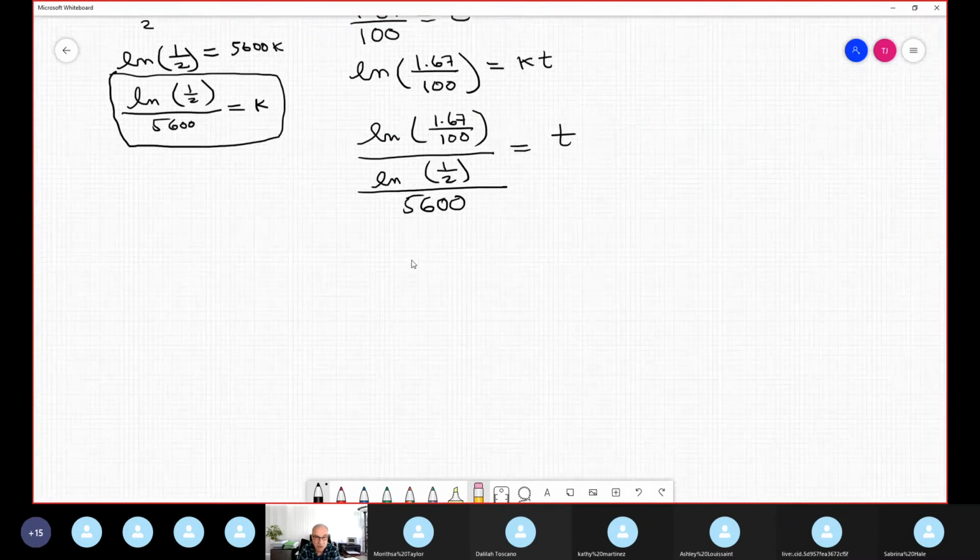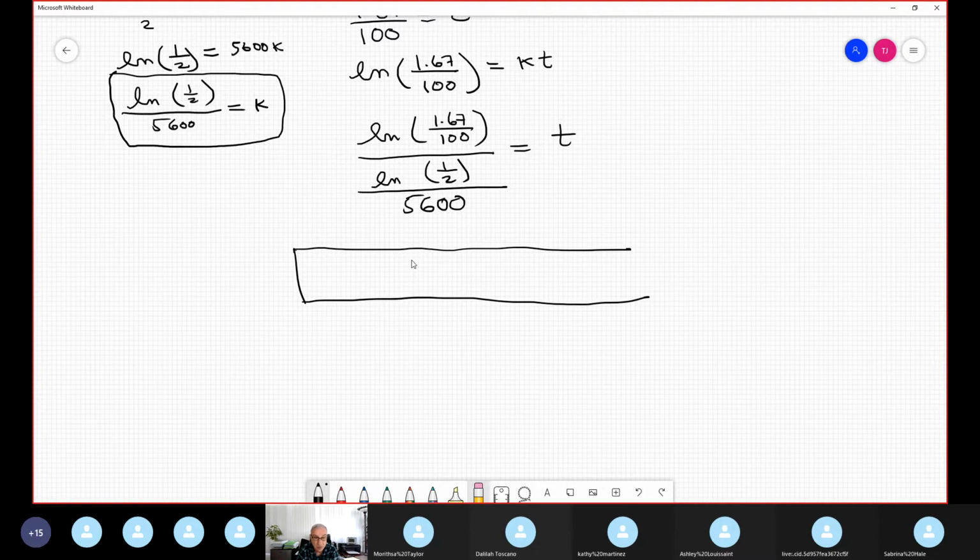Let's do it. This is the display of our calculator. Guys, this is important that you practice. You put it in a calculator. Well, you press the key LN. Automatically, when you press the key LN, any calculator opens one parenthesis. So in the parenthesis, I put 1.67 divided by 100, close the parenthesis.